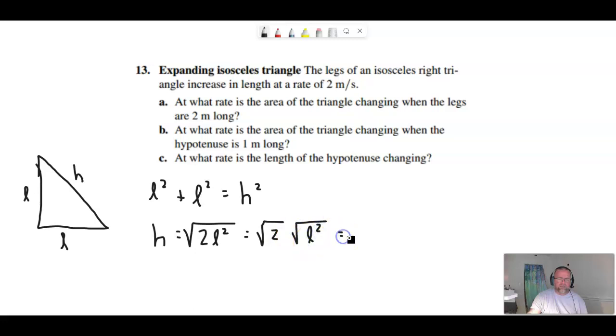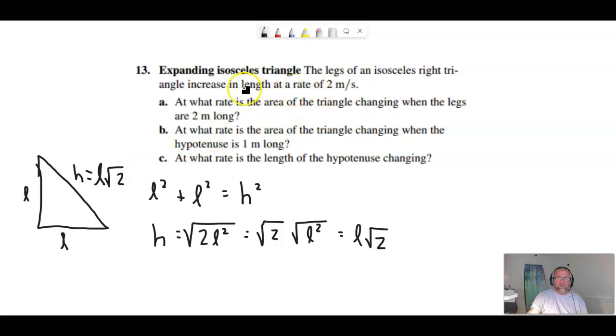Since L is a positive value, because we're talking about distance or length, that just gives us L times the square root of 2. So the hypotenuse is equal to L times the square root of 2.